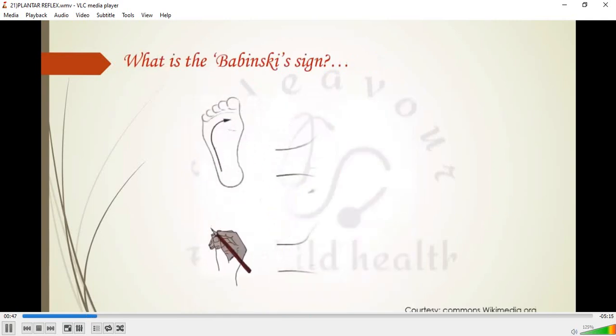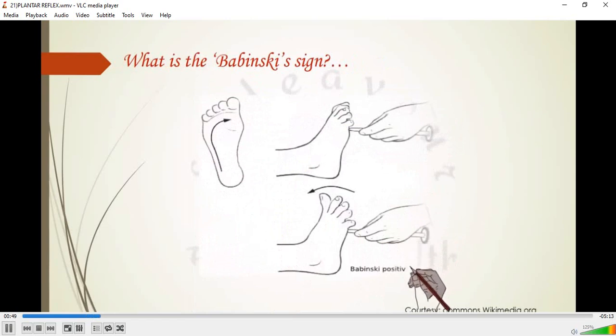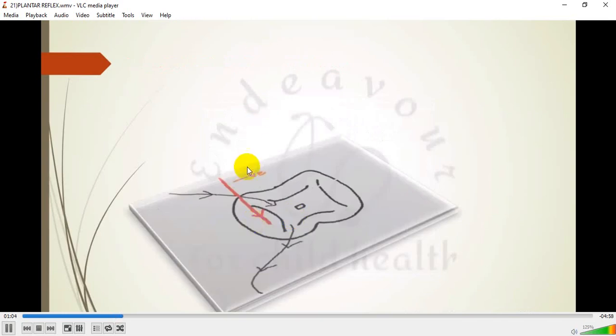For example, in eliciting the plantar reflex, we give nociceptive stimulus to the lateral border of foot, which is the S1 dermatome, which normally causes plantar flexion mediated through S1. This is normal response. But if there is a damage to the descending tracts, that is pyramidal tract, you will have plantar extensor, where afferent is S1 and efferent is via S1 and tibial nerve, root value L4, 5, S1, 2, 3.